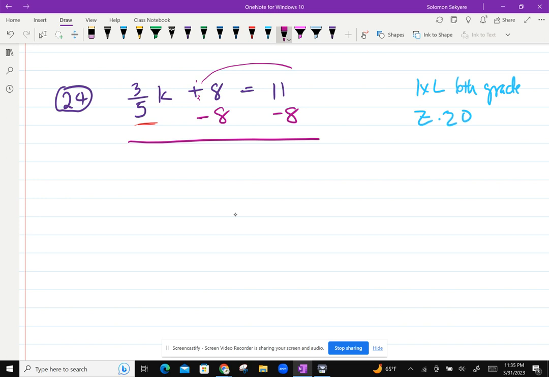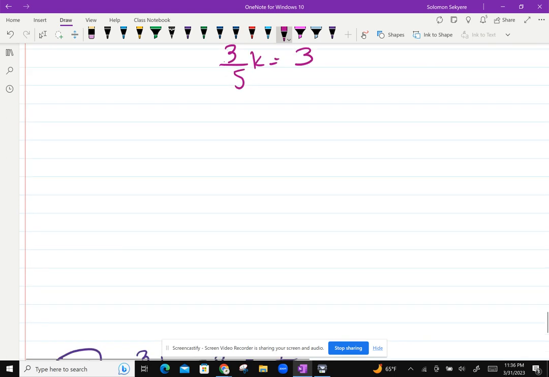When I do this, this part here is gone, right? And on this side of the equation, all I have left is 3 over 5K equals 11 minus 8 is 3. You see that? Okay, and I say whenever you have something like that, it's the same as 3K over 5. And this 3, you write it as over 1.